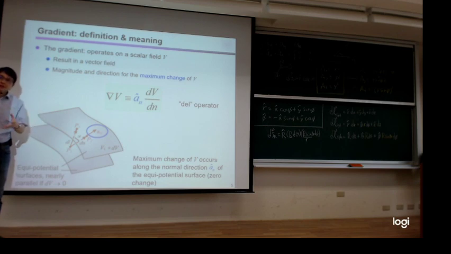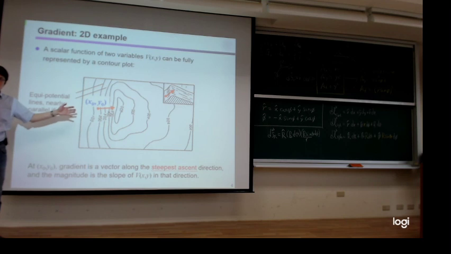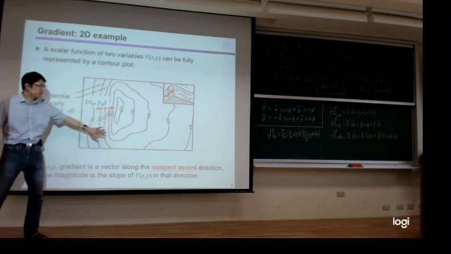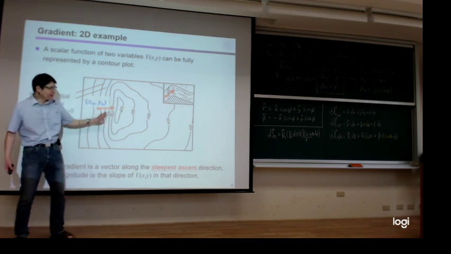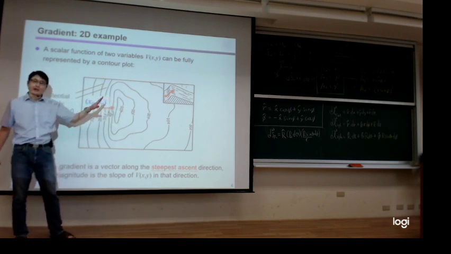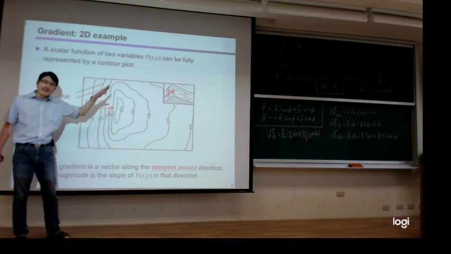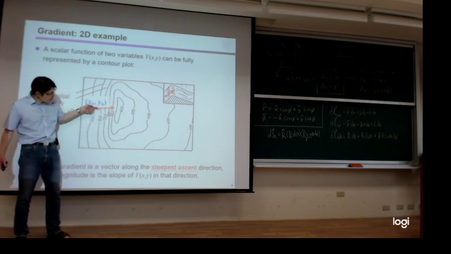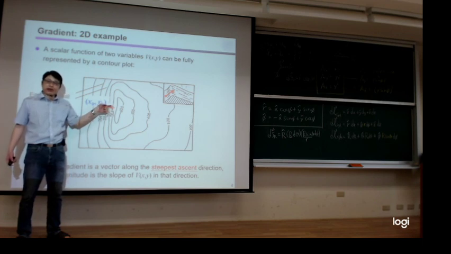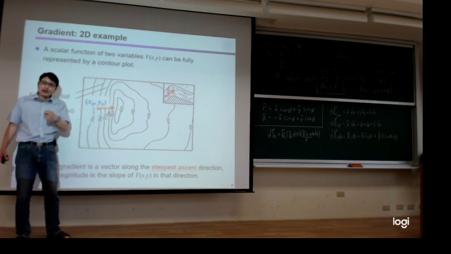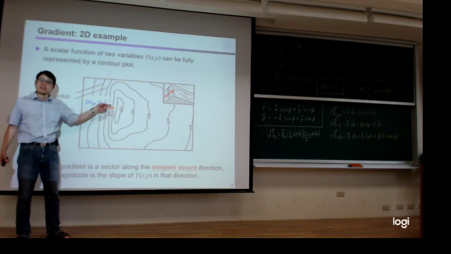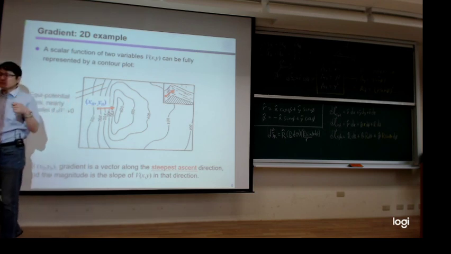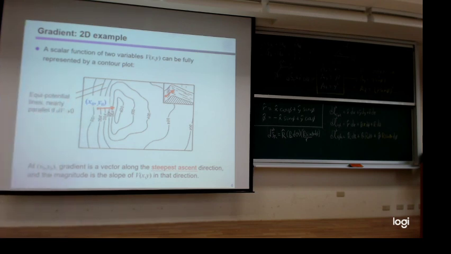But the meaning is, let's come back to this two-dimensional map. We have the constant height contours. If we perform the gradient for this map, we can find this red path as our gradient, showing you this is your shortest path to achieve if you want to take the class. All right?